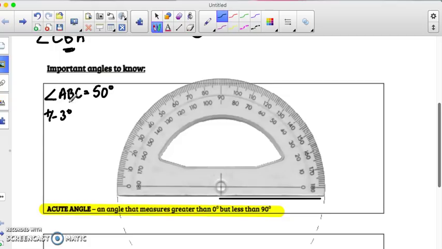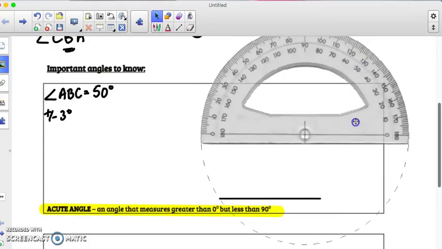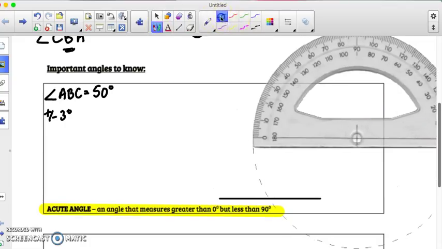What you're going to do as well, and I'm just going to take this away. Remember, always indicate a vertex, and start off your ray as well. You need to indicate that with an arrow. So we're going to build angle ABC at 50 degrees.